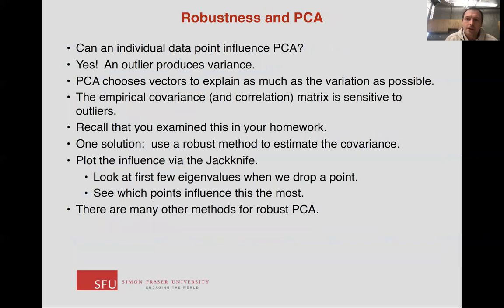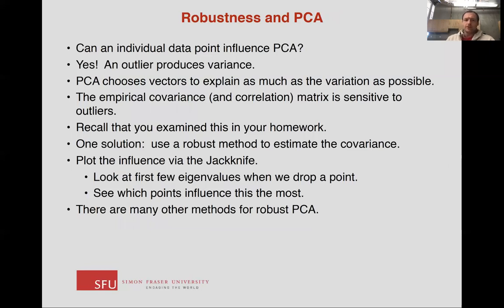Okay, so let's talk about robustness in PCA for a second. So can an individual data point influence principal components analysis? Yes, absolutely. So an outlier can change an estimate of variance. We know that, right? If a point is very large or very small, it's going to increase the variance of a particular column of data.